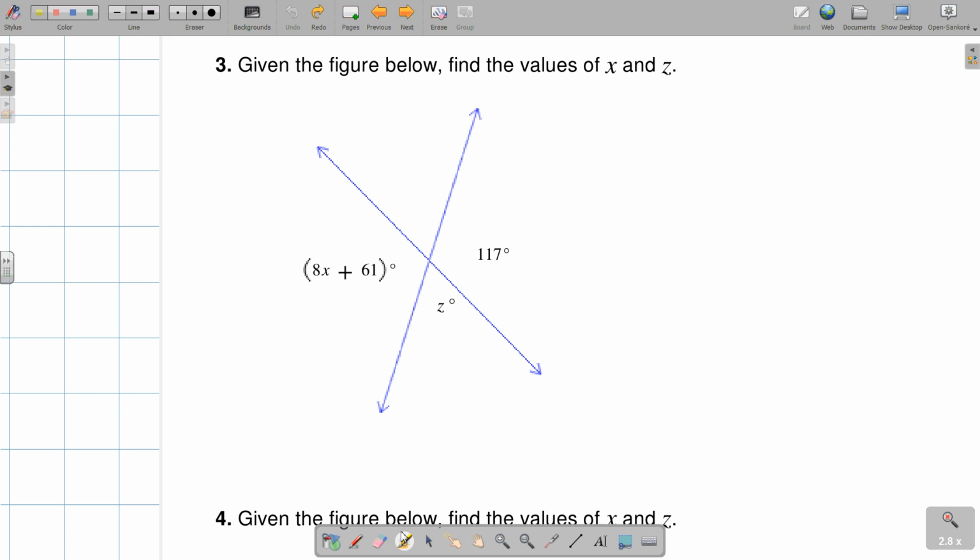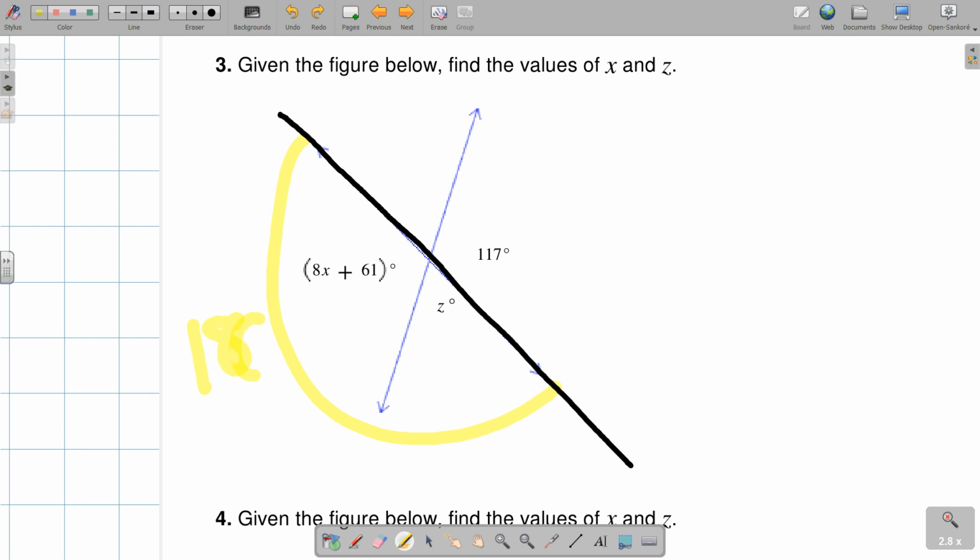Let's take a look here. Let's look for our two relationships. The first one, straight lines. There's my 180 relationship. Then my vertical angles, I know that these guys are equal.